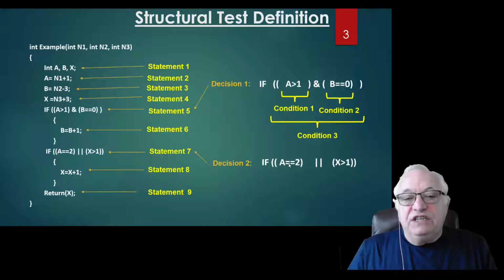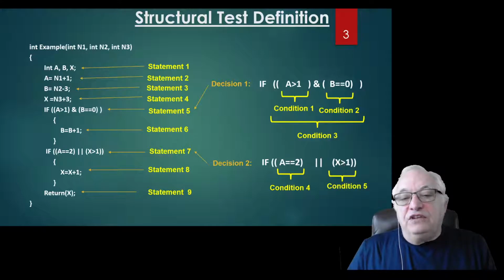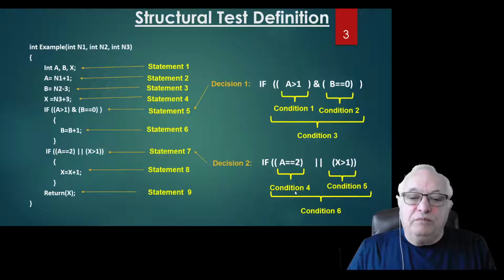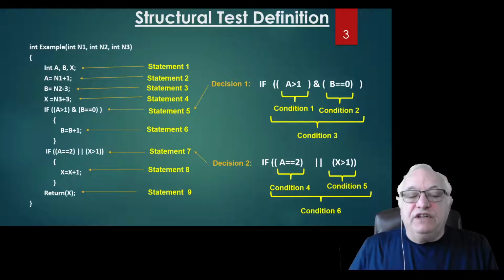This decision is made out of what I call condition 4, which is A equal to 2, then condition 5, which is true if x is greater than 1, false otherwise, and then these two form condition 6, which is condition 4 OR condition 5, and the outcome is going to depend, of course, on the values of 4 and 5. Eventually it's going to become clear why I am having all these definitions up front.